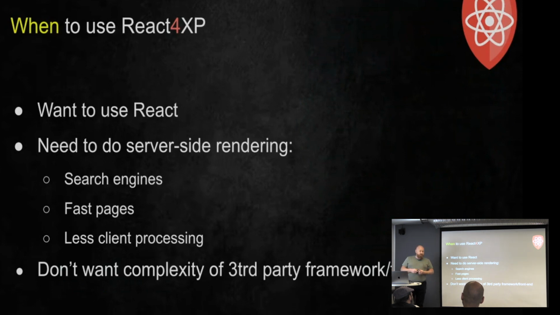Also, maybe you want fast pages, so it loads quickly in the browser rather than spending a lot of time on rendering on the client side. Maybe your customers have an old mobile phone, so you want less client processing. And in addition, we just heard about Next.js, so maybe you don't want the complexity of third-party frameworks.